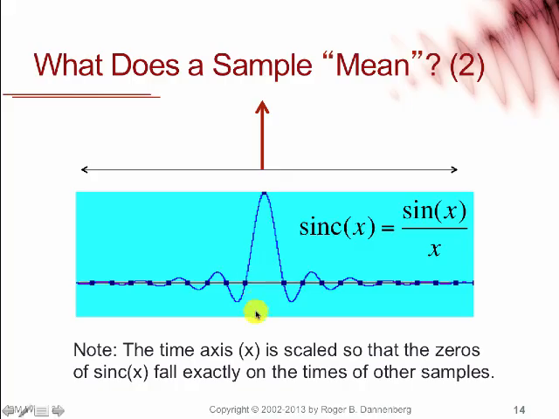Isn't that interesting? The sinc function goes through 0 at every other sample point. So when you add these sinc functions together, if you're only looking at the sample points, each sinc function only affects the sample that it's centered upon. If there's another sample over here, you get a different sinc function to contribute that value.